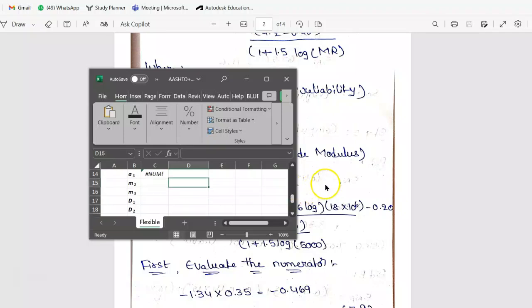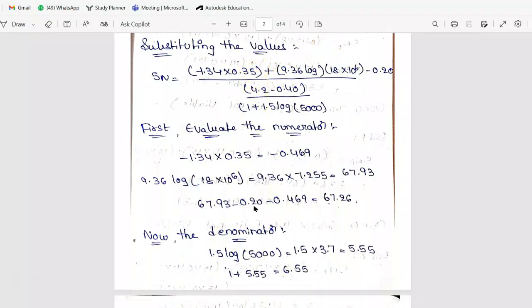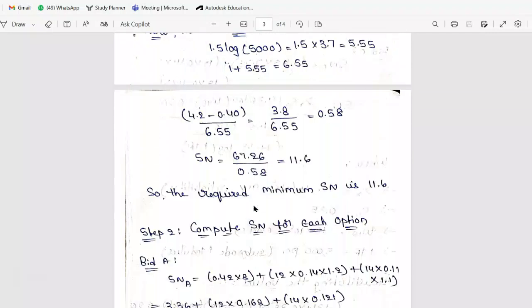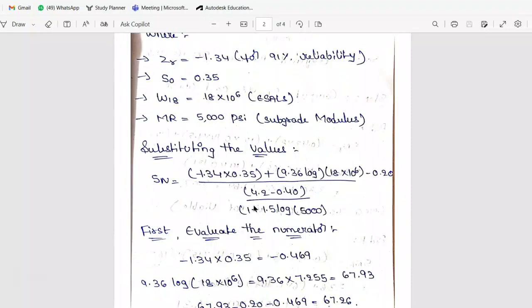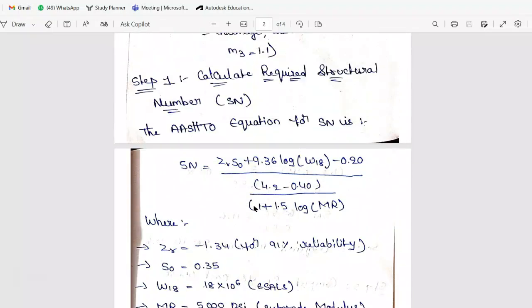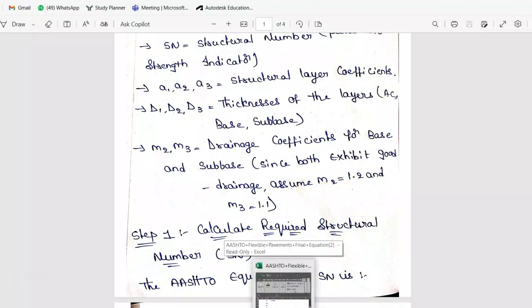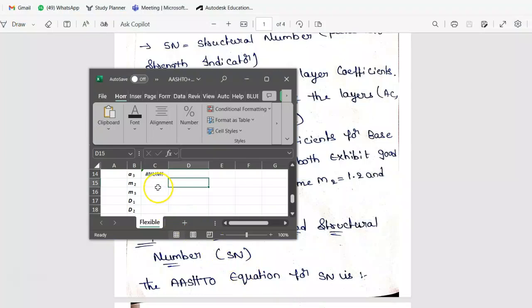M2, M3. We are assuming M2 as 1.2 and M3 as 1.1.